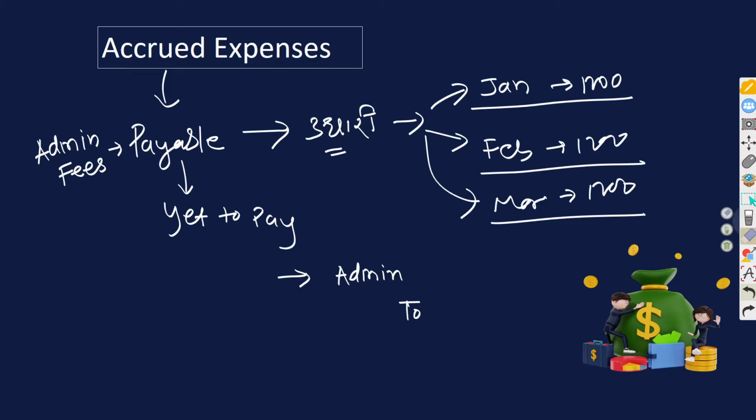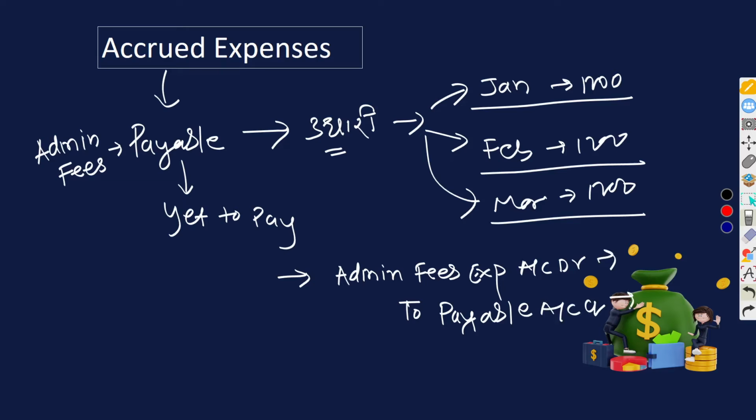Now admin fees expense account debit to payable account credit. See, payable or accruals, that you can record it, and expenses. So in the month of January, you can record 1200, 1200. This is how you can prepare the accounting entry in the books in January.